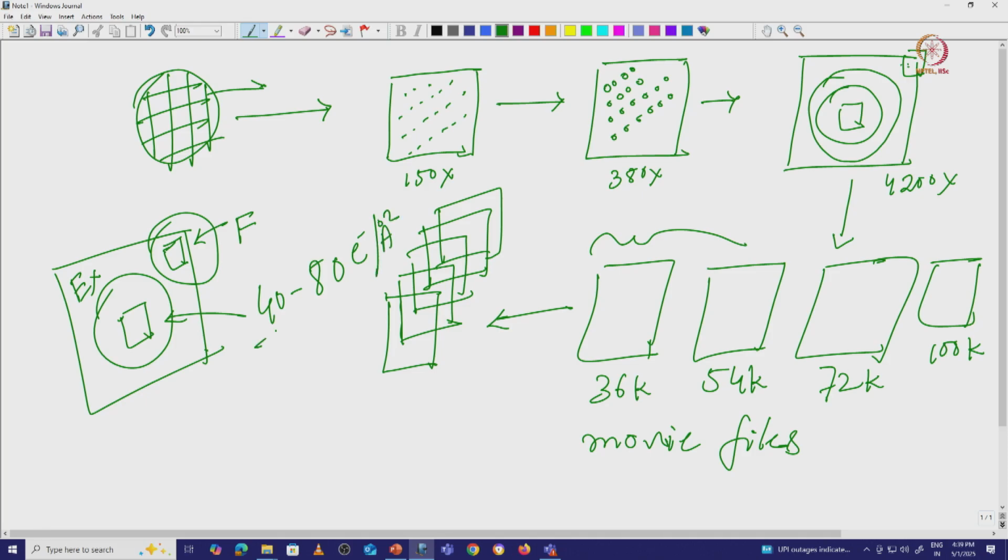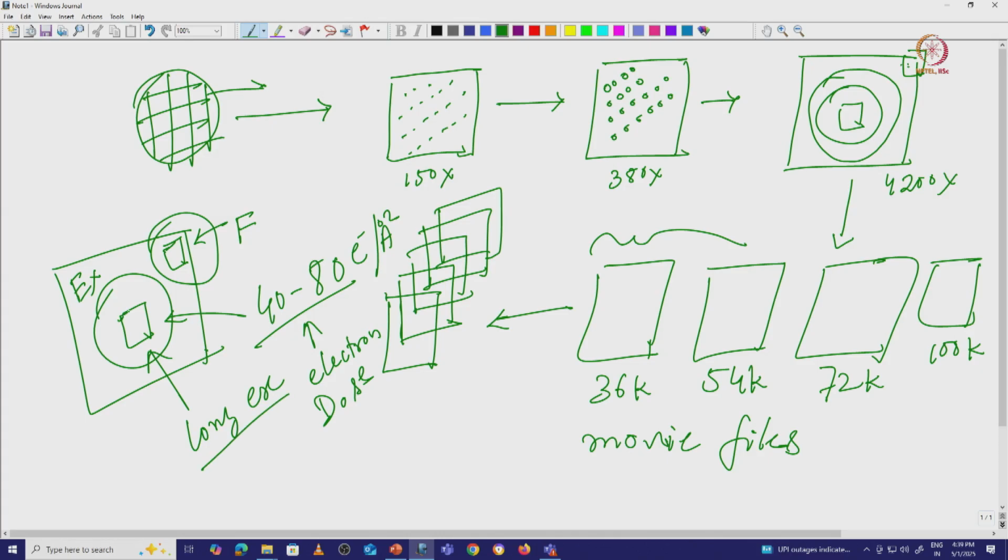Now, this is a dose, and this may be distributed in 2 seconds, or you can use it for 8 seconds, 10 seconds. So, you are using a long exposure also, and you have a strong electron dose. So, you are using a strong electron dose and long exposure time.